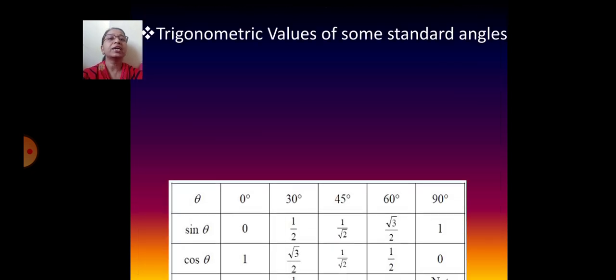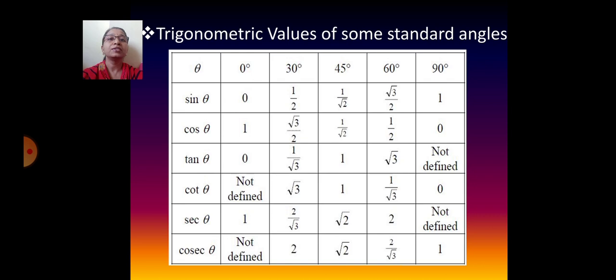After this, children, we have seen the trigonometric values of some standard angles. This table is very important. You have to learn this table, and if you remember, during our regular video lesson, I gave you the trick on how to prepare this table. You don't have to remember it. If you remember that trick, you can prepare this table very easily.